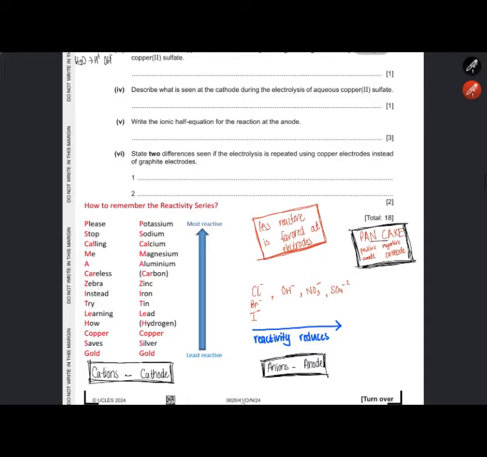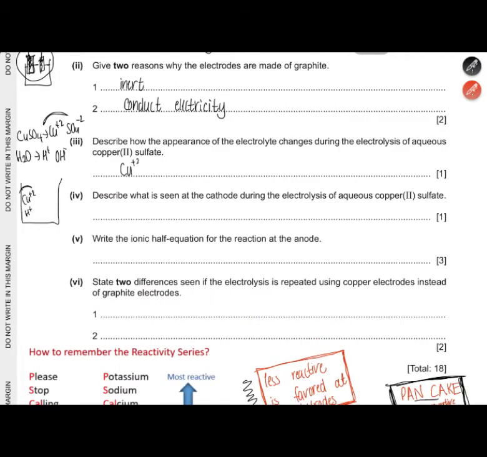Remember, copper is less reactive, and in electrolysis, the less reactive is favored at the electrodes. So Cu2+ is reduced to copper, and the color changes from blue to colorless.